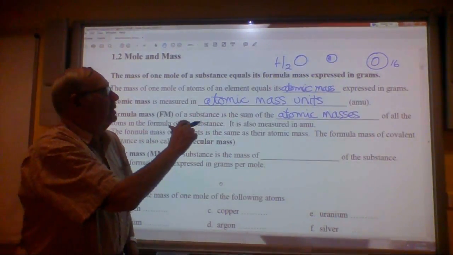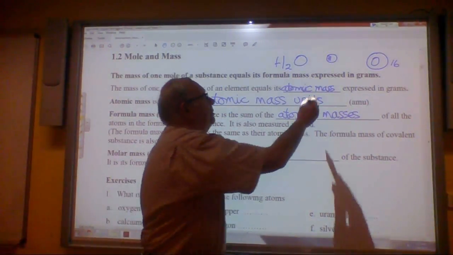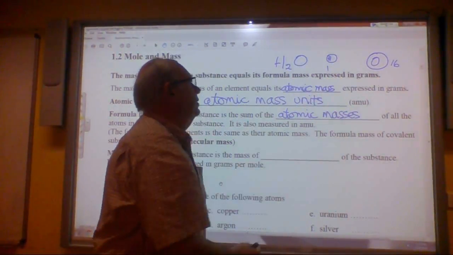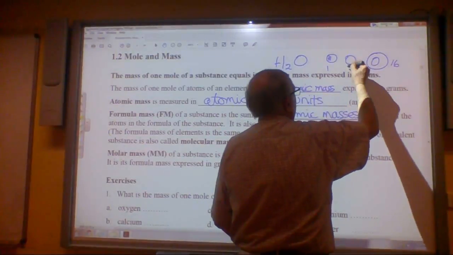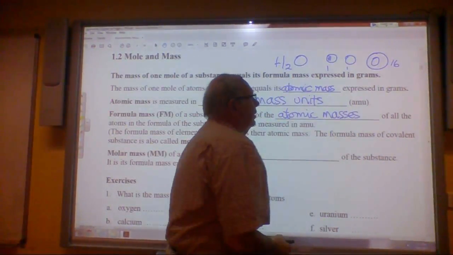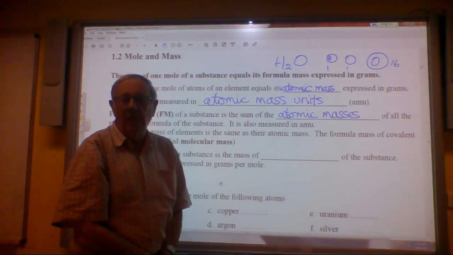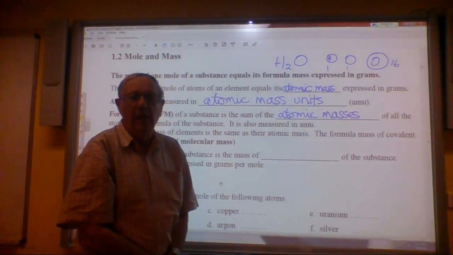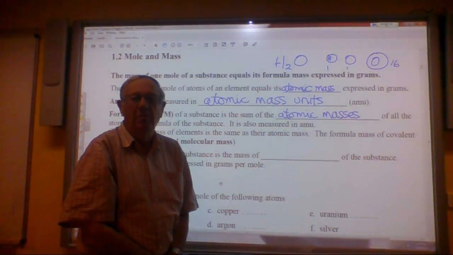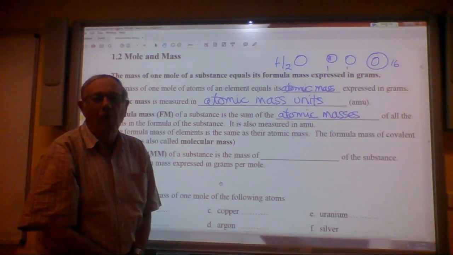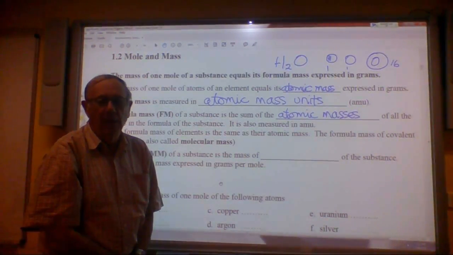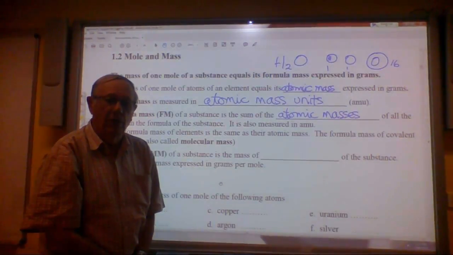So hydrogen is round about 1, not exactly 1. Oxygen is round about 16. So if we were looking at water, H2O, it's round about, not exactly, but round about 18 atomic mass units for the mass of 1 formula or 1 molecule of water.